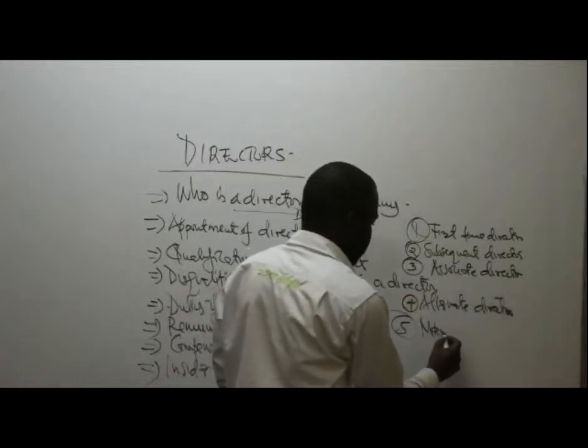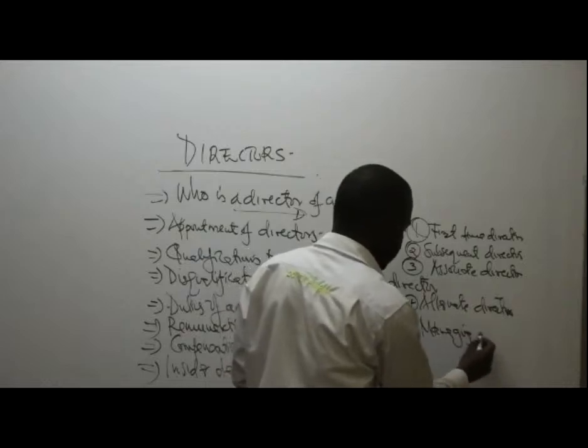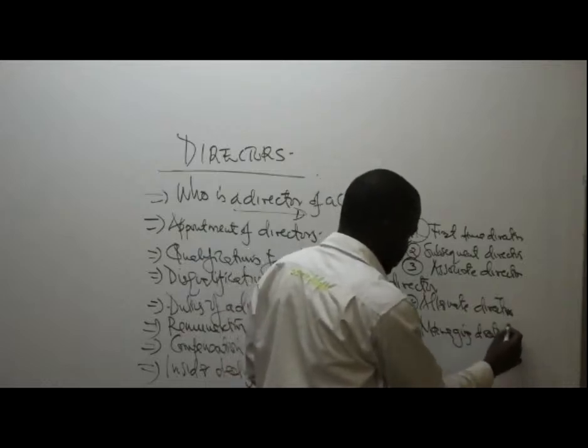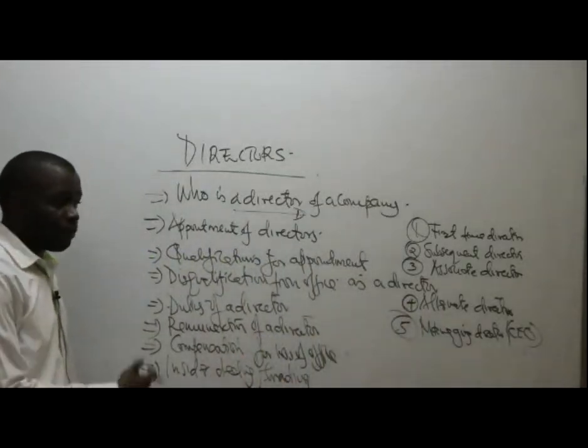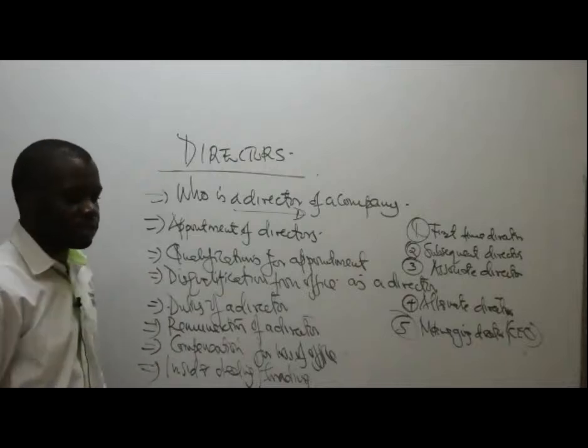You can become a managing director in a company, who in other places is known as the chief executive officer. These are the ways you can find yourself being a director of a company.